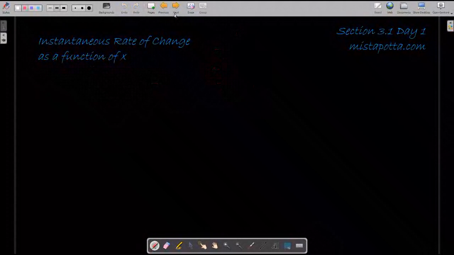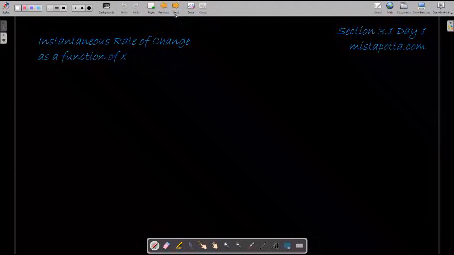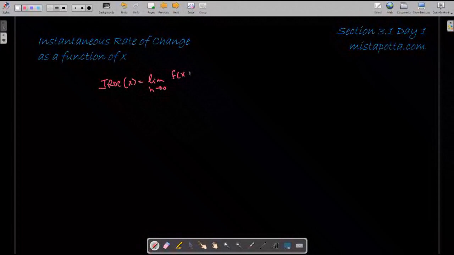So we talked about the instantaneous rate of change as being a function of x, where I could talk about the instantaneous rate of change at a particular point by evaluating the limit as h approaches 0 of my function at that particular point plus h minus my function at the particular point, all divided by h.